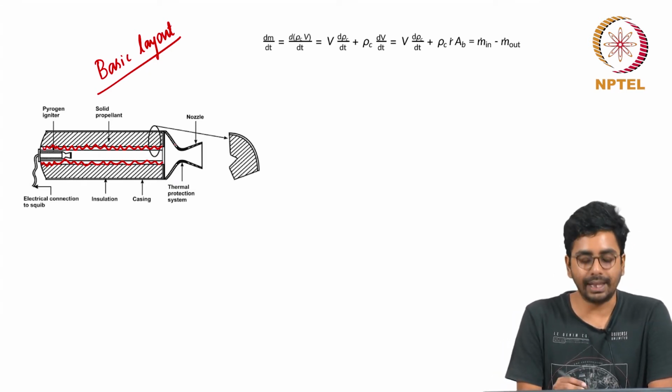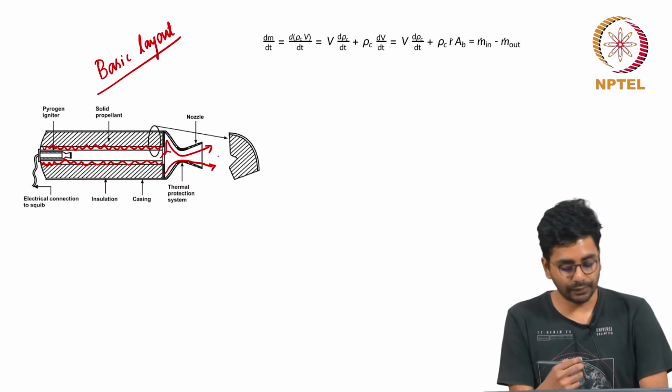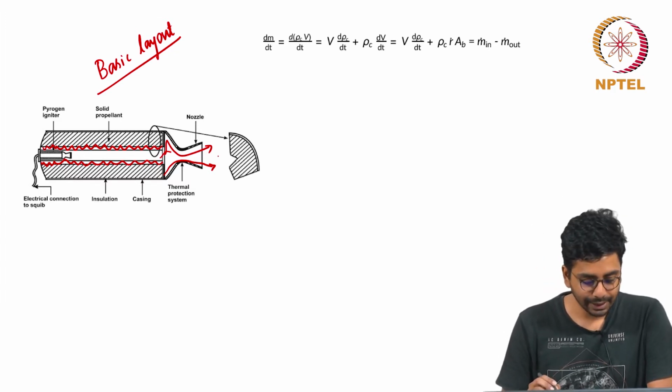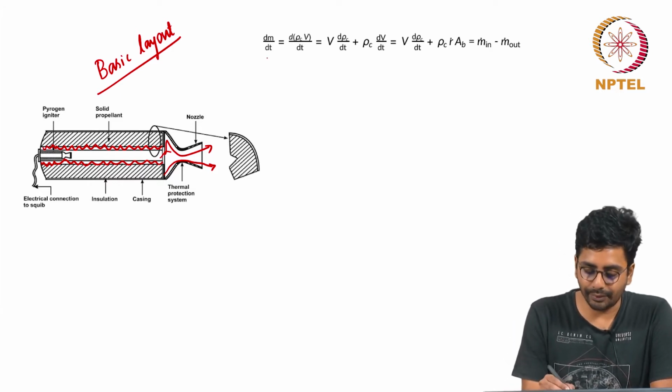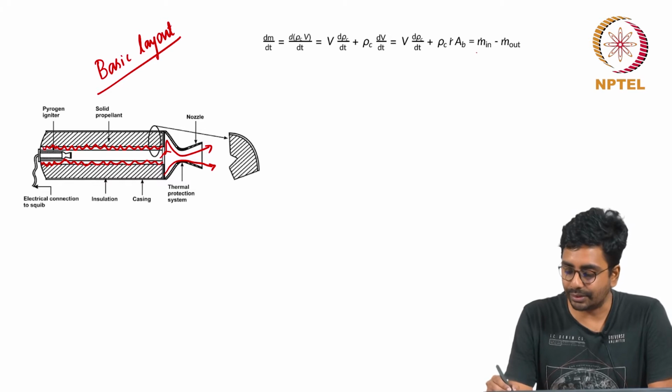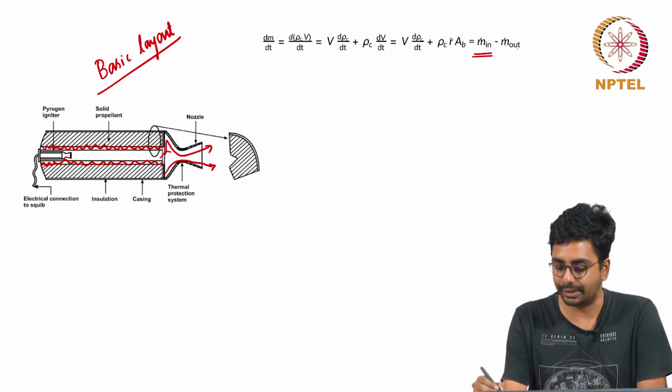Those high pressure high temperature gases expand through the nozzle producing thrust. This is the basic operation of a solid rocket motor, and the pressure inside the rocket motor is governed by a simple balance of how much mass is generated by the conversion of the solid propellant to the gaseous propellant and how much mass goes out.